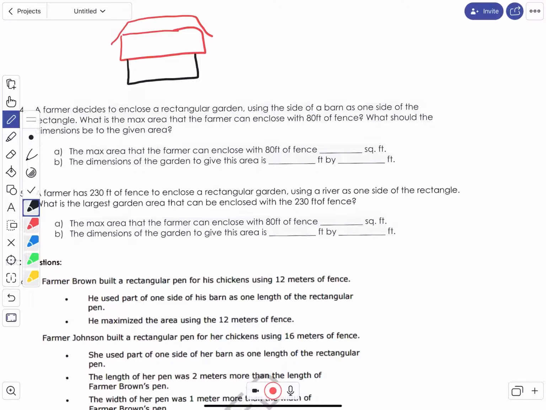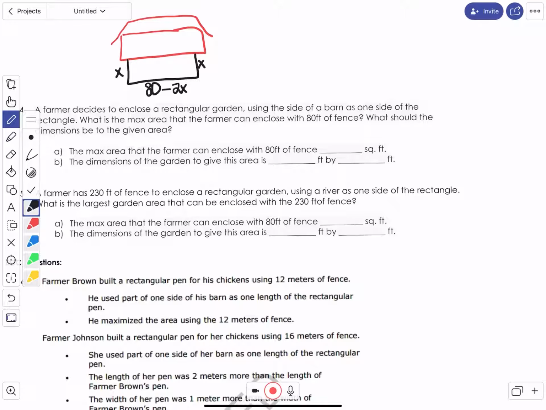So what we have to do is call this X, and this side is X because they're the same length. Now, we know that he has 80 foot total. So whatever he's got left, he's got 80 minus 2x.